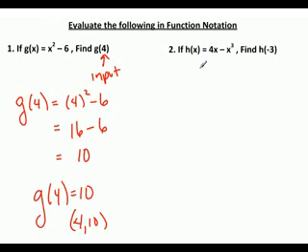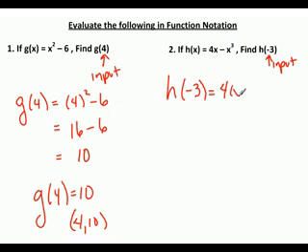Let's look at the second example. If h of x, my h function, equals 4x minus x cubed, find h of -3. So this is saying go to your h function. Again, this is my input, a negative 3, into my rule, or my little function machine. So I'm going to have 4, I'm going to input it right away, negative 3 minus negative 3 cubed.